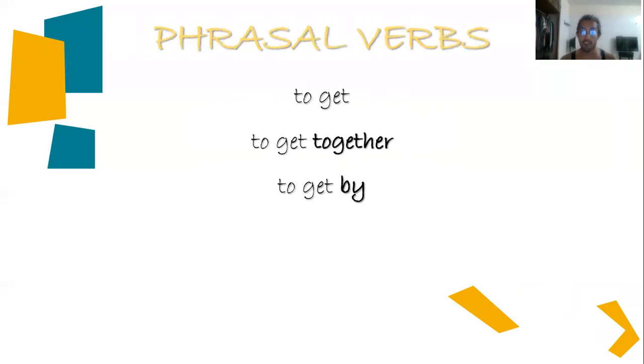These are called phrasal verbs. These are made up of two or three words. We have the main verb plus an adverb or a preposition, or both adverb and preposition. Let's look at two examples with the same verb.